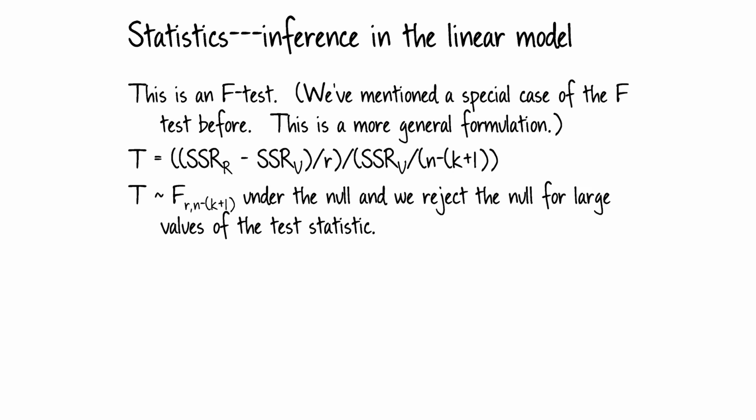In particular, this test statistic has in the numerator the difference between the restricted and unrestricted sum of squares, and in the denominator the unrestricted sum of squares. This is how we form the test statistic, and it turns out that it has an F distribution under the null, and we reject the null for large values of this test statistic. Okay?